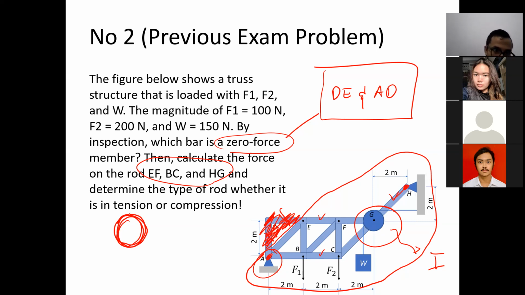So let's try to take a look at the pulley G. What force is happening there? The weight. Where are we supposed to put the force? Downwards here, right? Yes. What is the weight? 150 Newton. Yeah, 150 newtons. What else do we have?